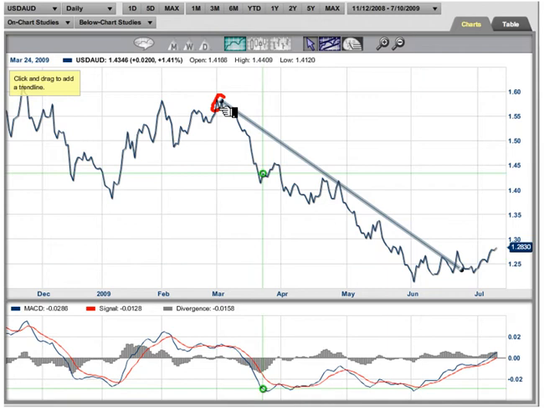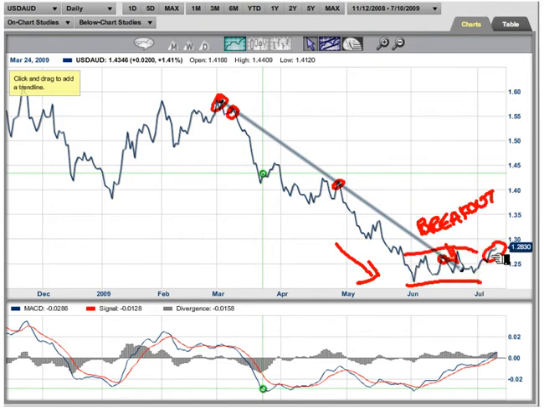We've got 3 points here, here, here, and here, and this is a breakout right here. Now, what that means is the downward momentum has been stopped, and it looks as though we've been going sideways for the month of June, and finally we've broken out over the highs that were seen in June.